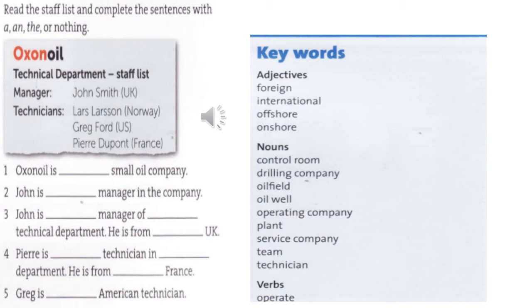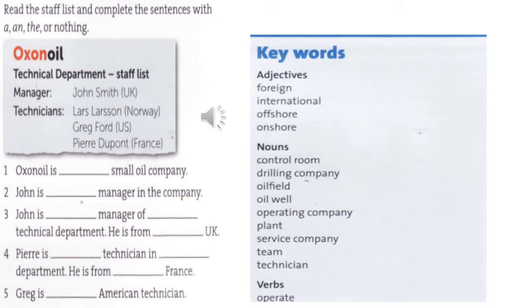Now we have some key words and we have to learn them. Keywords. We start with adjectives. Foreign. Foreign is from another place. International is from different parts of the world.